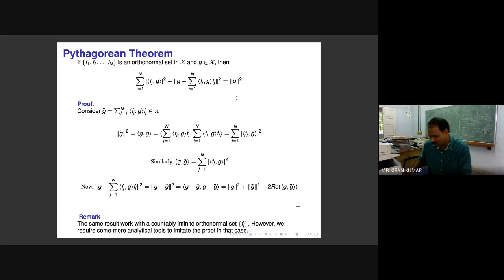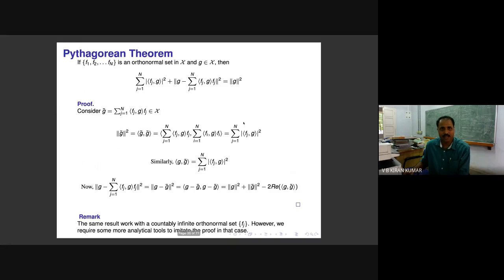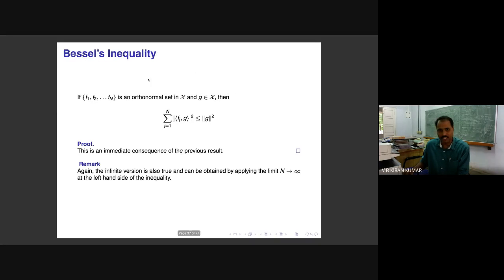So that is what is called Bessel's inequality. If Fj in X is an orthonormal set in X, then this sum will always be bounded by norm g square. Again, we can generalize this into the infinite setting later. So this is a very important inequality called Bessel's inequality. So these are the two important identities, an inequality and an identity, which we need: the Pythagorean identity, this one, and Bessel's inequality, this one.